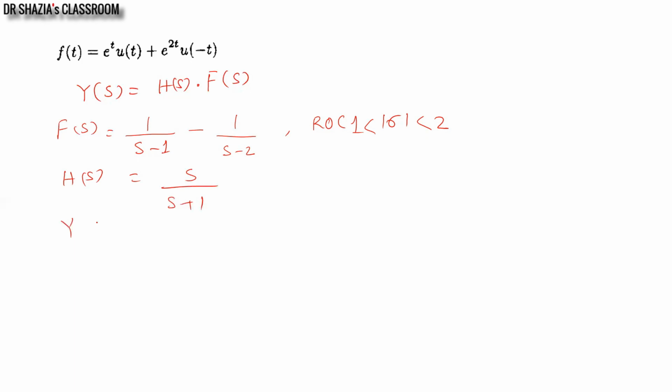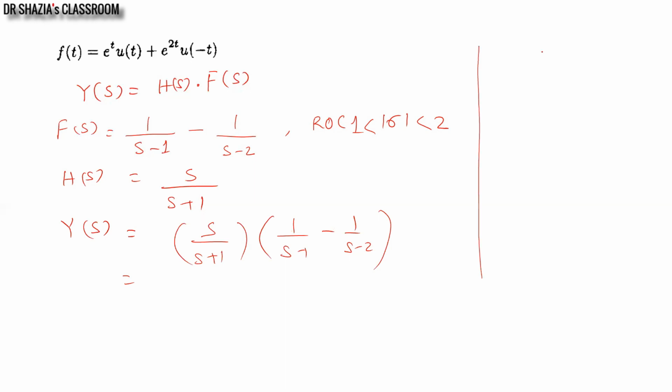So my response of the system in the frequency domain can be written as Y of s equals s by s plus 1 into 1 by s minus 1 minus 1 by s minus 2, which is minus of 1 by (s minus 1) into (s minus 2).